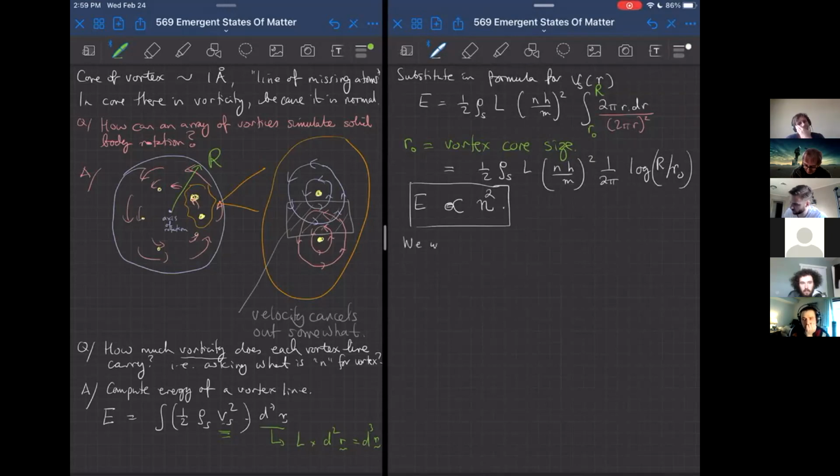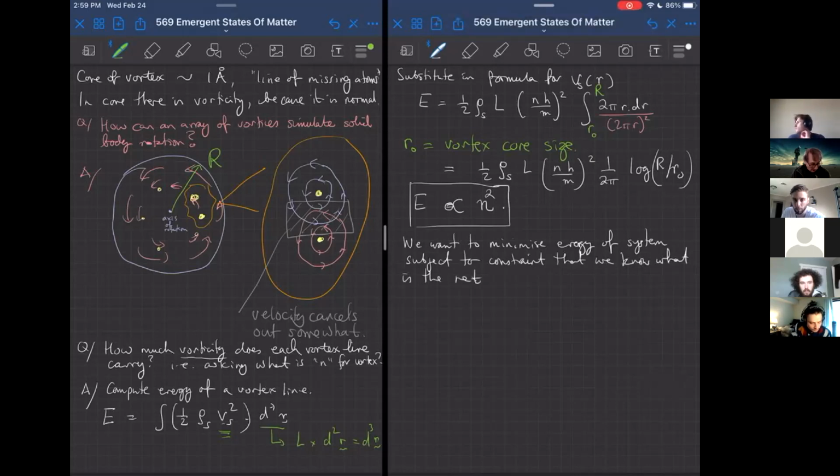What we want to do is minimize the energy of the system subject to the constraint that we know the net rotation speed and vorticity.